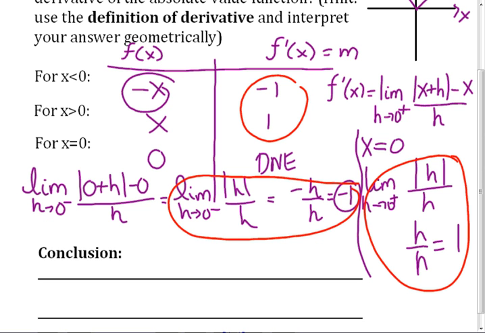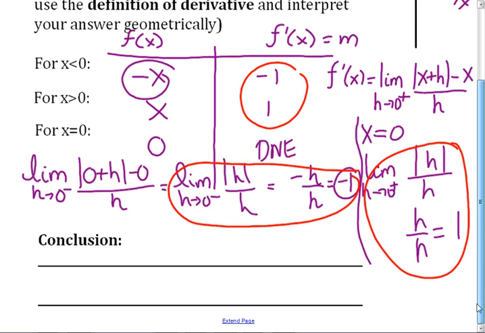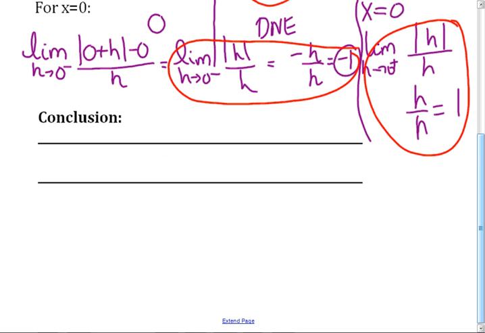Using our limit properties, it doesn't exist because the limit as x approaches 0 from the left of, and it's really the absolute value of x over x, of my function, f prime of x, does not equal the limit as x approaches 0 from the right.